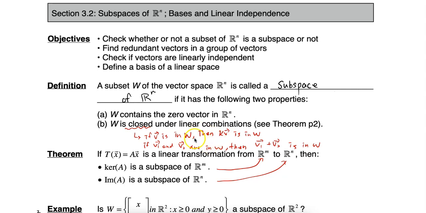These two rules here can be combined into one rule by saying if v1 and v2 are in W, then k times v1 plus L times v2 is in W, where k and L would be real numbers. So you can work on it separately or put both of these conditions together.